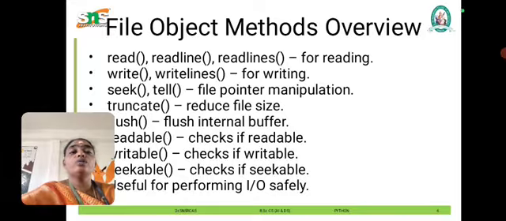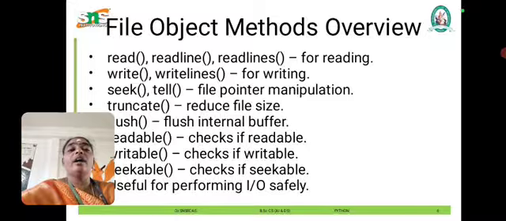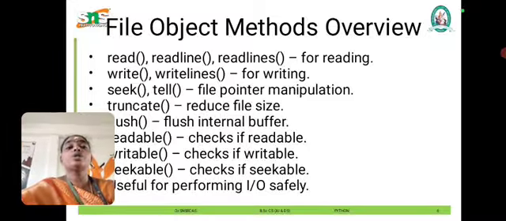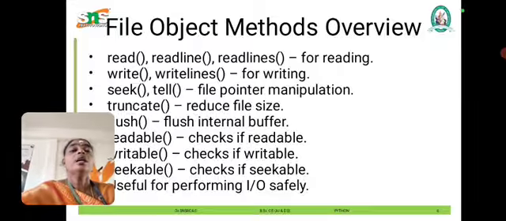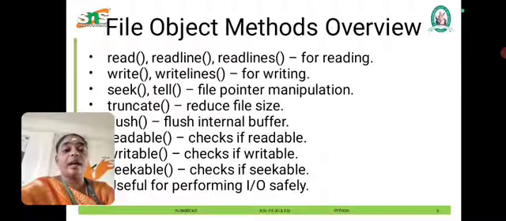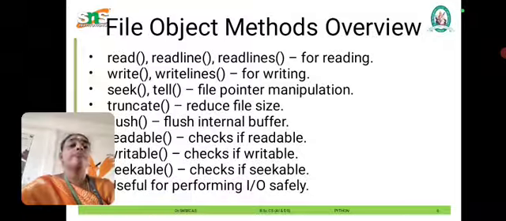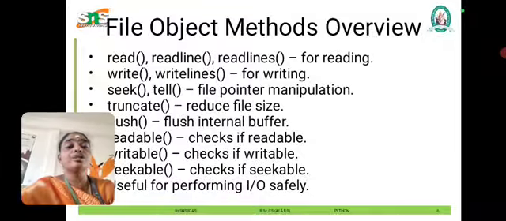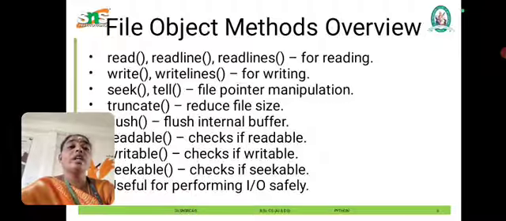Now the file object methods. There are many file object methods available, with the help of the file object, to call inbuilt functions. For example, read reads content from your file character by character. readline reads a single line. readlines reads all the content.